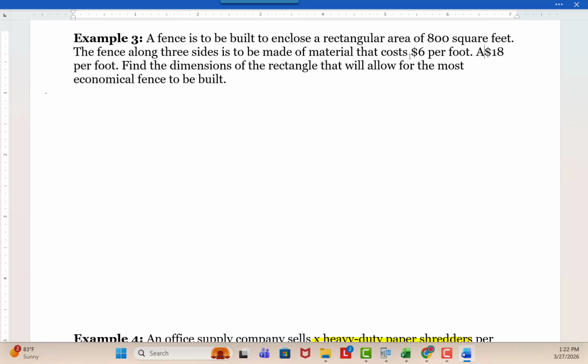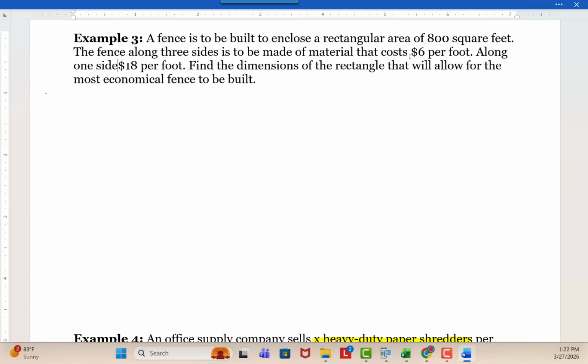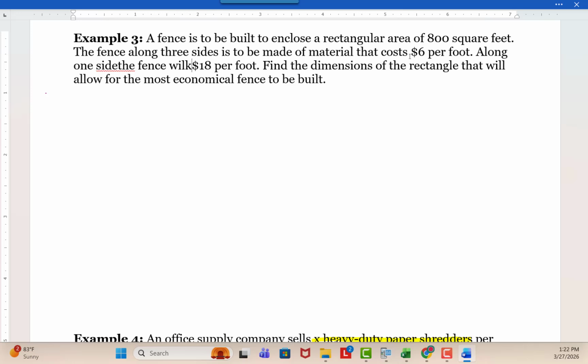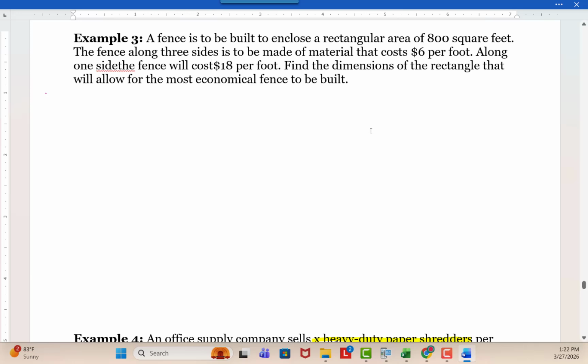Along one side, the fence will cost $18 per foot. Okay, all right, so this is the problem that we want to solve.